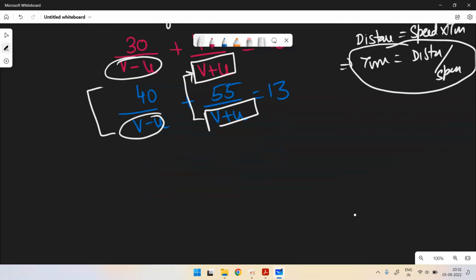How? Let 1 by (v minus u) equal x and 1 by (v plus u) equal y.